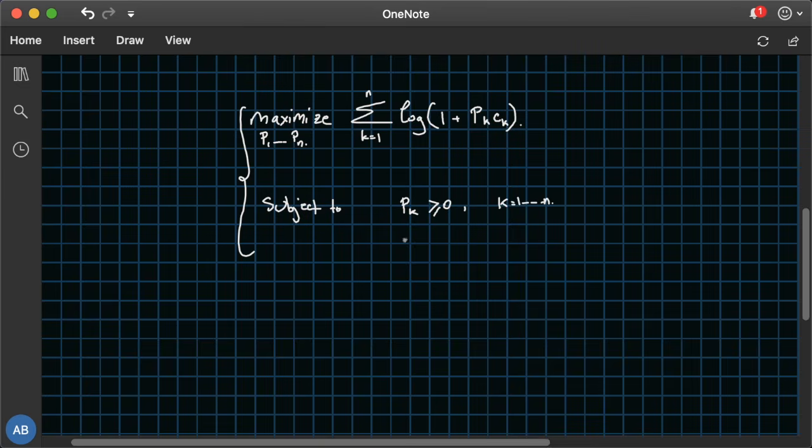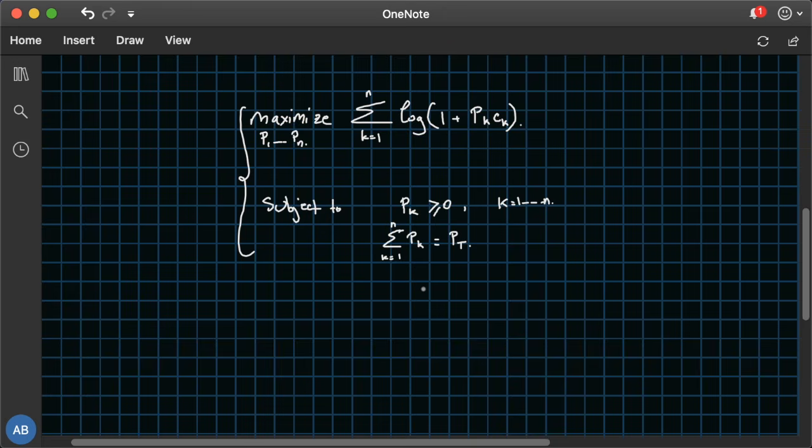And also, in real life scenarios, you always have a power budget. So you're always restricted to transmitting no more than a certain total power. So the total power, that is the sum of pKs, should be equal or less than, we're going to set it equal to the total power, PT.